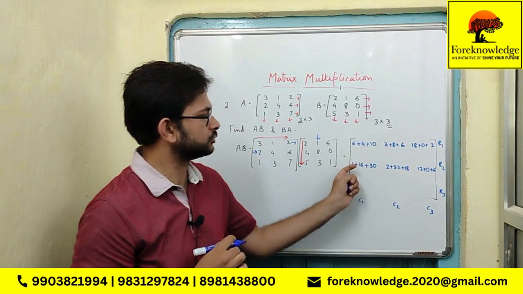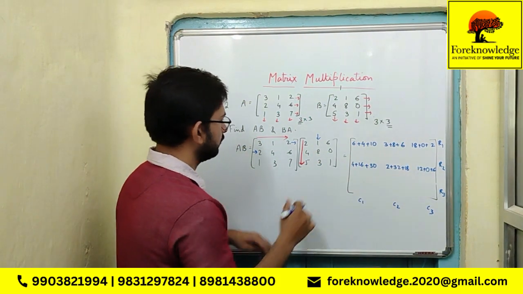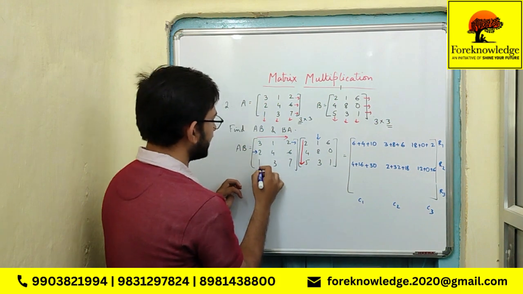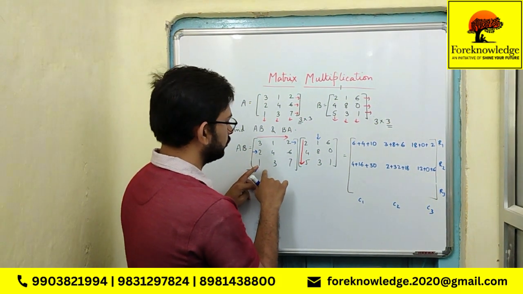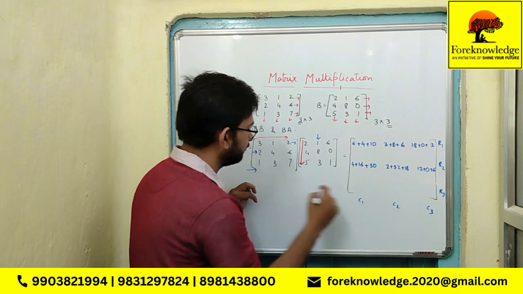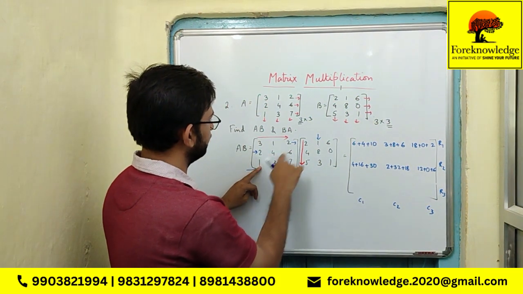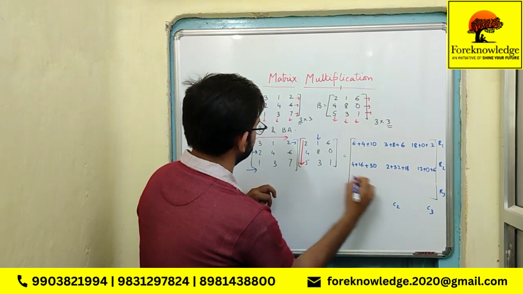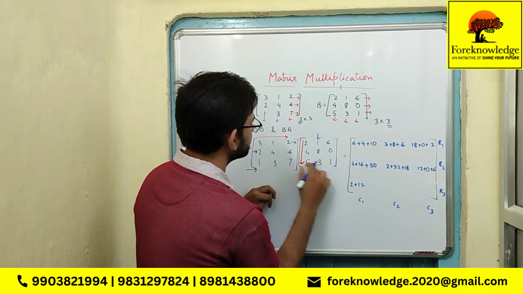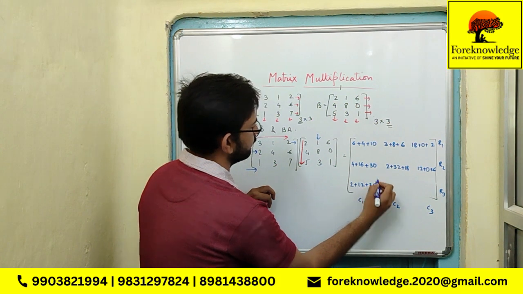Okay, so row 2 is done. Now row 3 of the pre-multiplier is in action. Row 3, column 1: 1 into 2, 2, plus 3 into 4, 12, plus 7 into 5, 35.